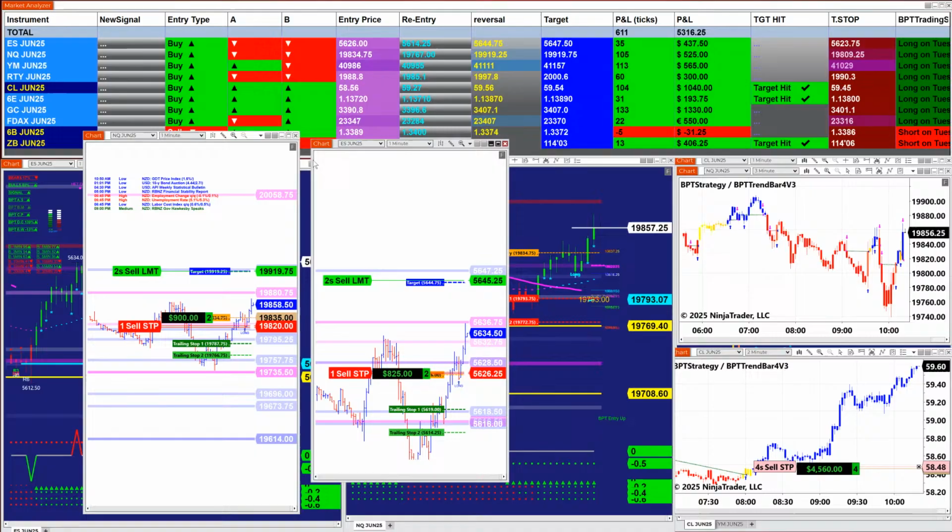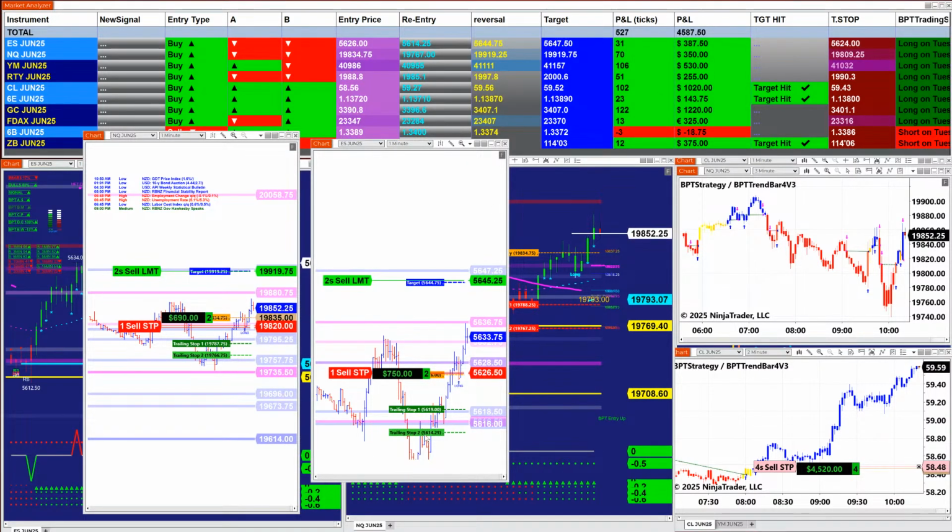And as you see, with those kinds of auto trades, all you need to do is catch one trade. On the market analyzer, it is based on one contract. If we look at the ES, here is 33 ticks from the signal, $387 for one contract, and we have 2 contracts here, and it is 700, as you see.